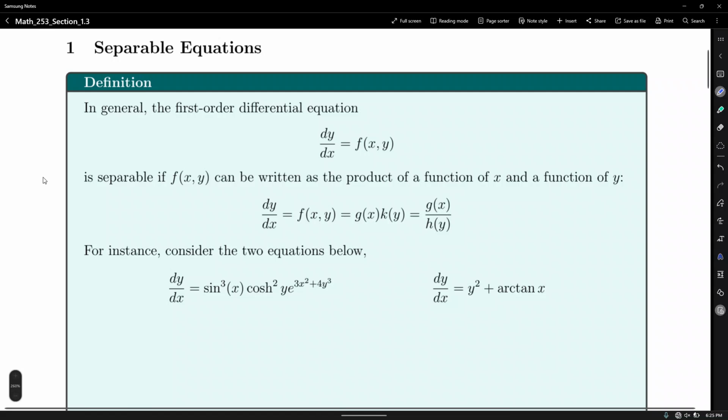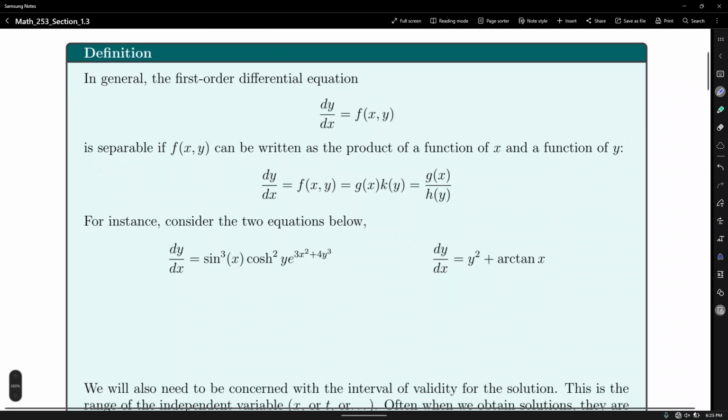Like, for instance, these two equations: dy/dx equals sine cubed of x plus cos squared of y. By the way, there are missing parentheses here.